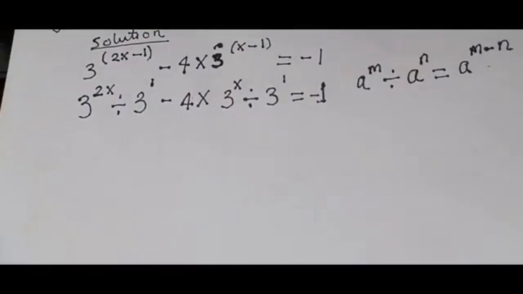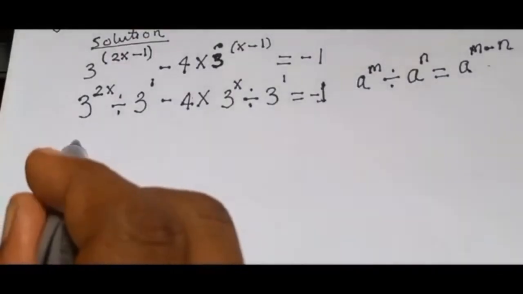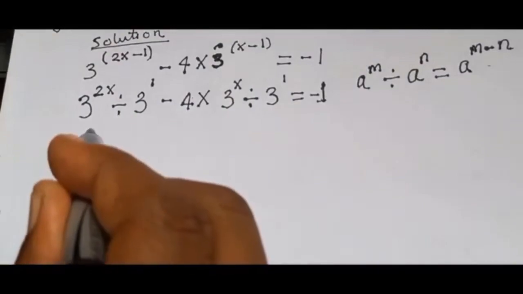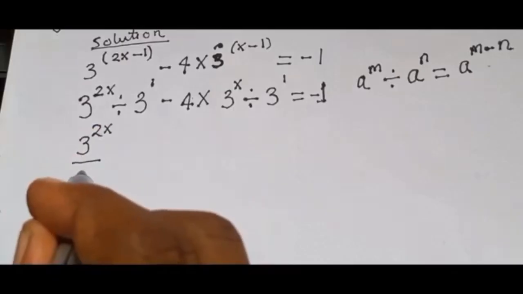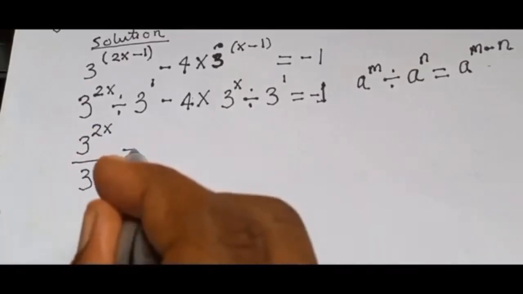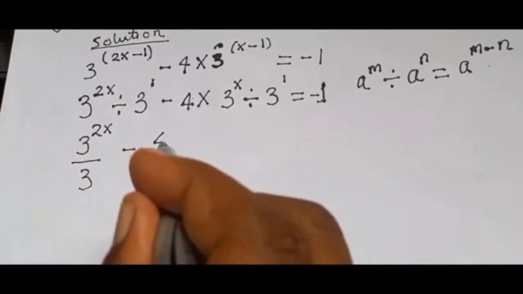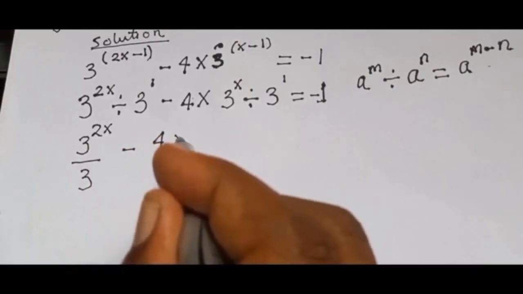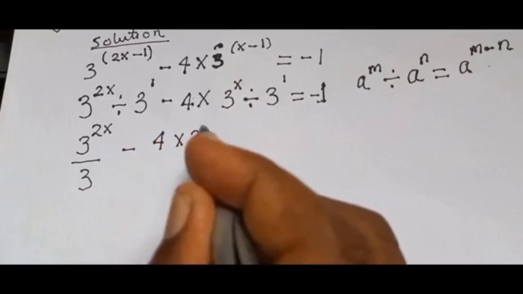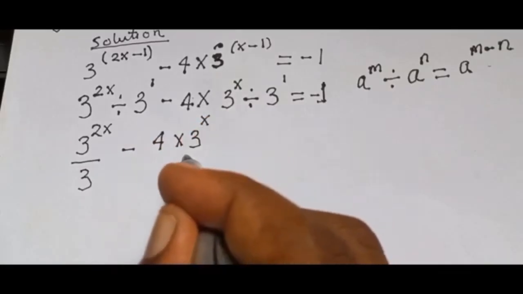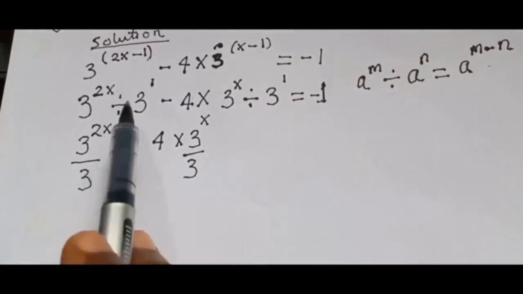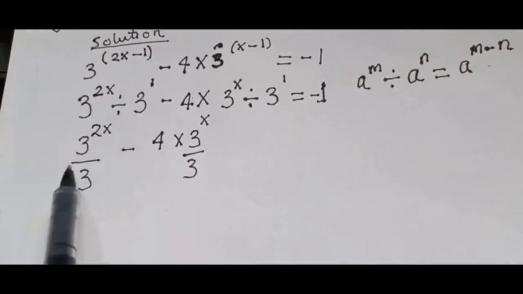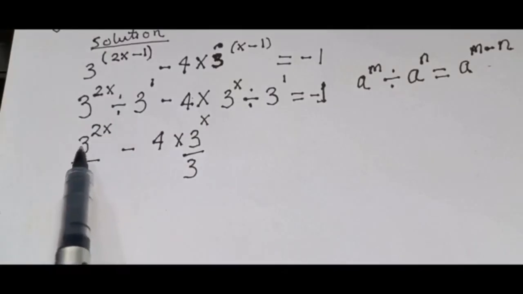Okay, this one is the same as to write 3 raised to 2x over 3 minus 4 times 3 raised to power x over 3 equals negative 1. Divide is represented by this line, which has the same meaning as to divide.